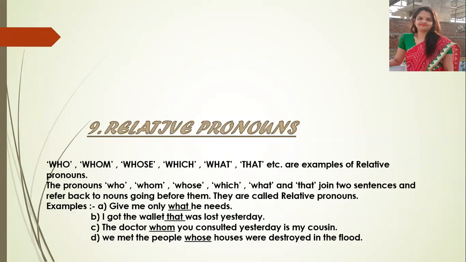When the relations are mentioned in sentences, they are known as relative pronouns. The examples are who, whom, whose, which, what, and that. And one more important thing: where two sentences are joined together, referring back to the noun going before them, they are known as relative pronouns.